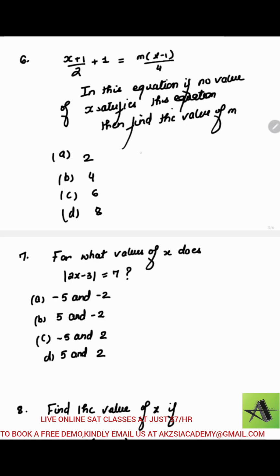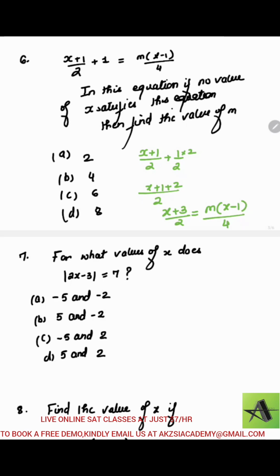While simplifying, I have to make the denominator the same. 1 has a denominator 1 and I need to make it 2, so multiply by 2. This will give me x plus 1 plus 2, that is x plus 3 over 2, equal to m times x minus 1 over 4.